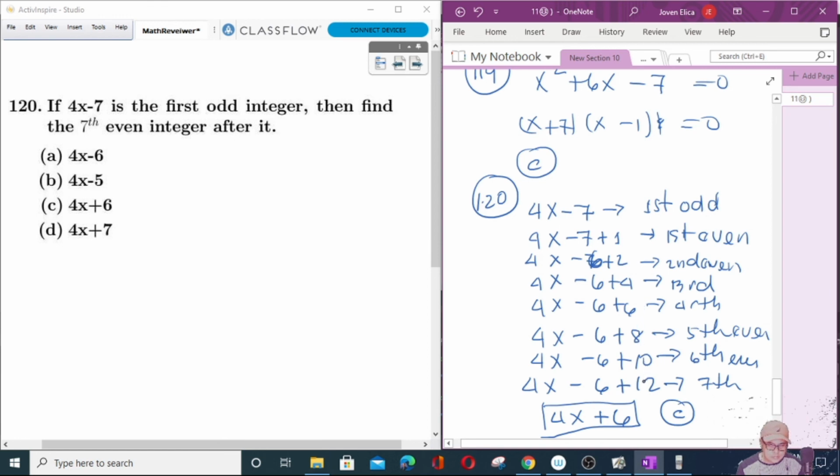That's correct. So the answer is letter C.